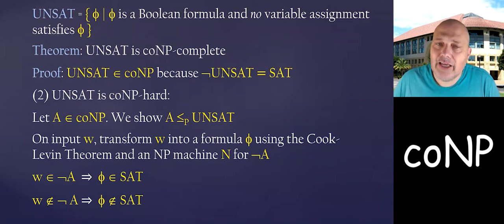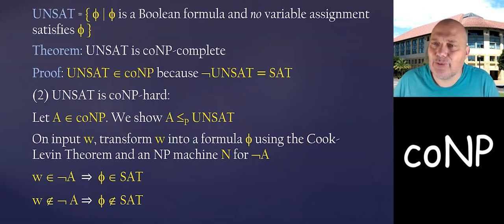And I want to claim that this is also a reduction from A to ANSAT. We already discussed it when we talked about mapping reductions, and it's the same for polynomial time reductions. A reduction from A to B is also a reduction from not A to not B. It's the same reduction.